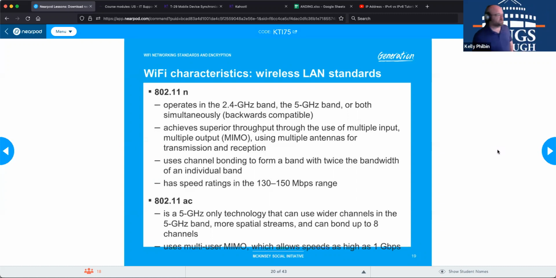It got much better throughput through a new revolutionary technology that you absolutely need to know, MIMO, which is multiple input, multiple output. It started utilizing multiple antennas for transmission and reception. You'll probably remember this era as the routers that looked like little upside-down spiders, with a whole bunch of antennas sticking up out of them. That was at minimum an 802.11n standard.